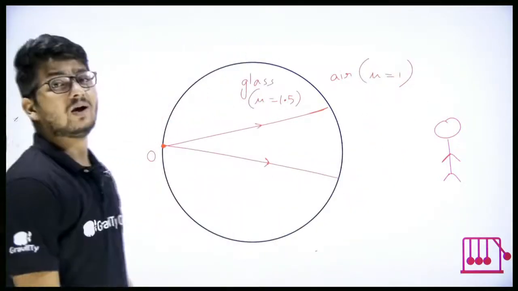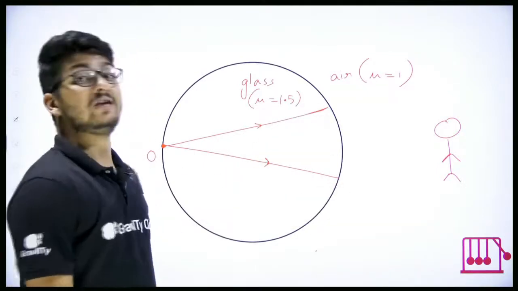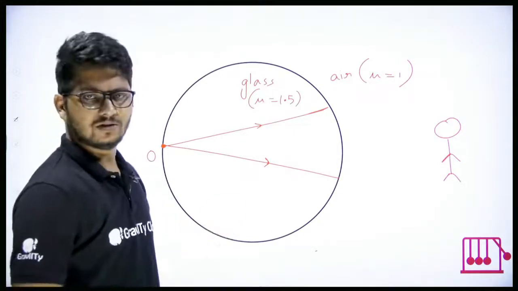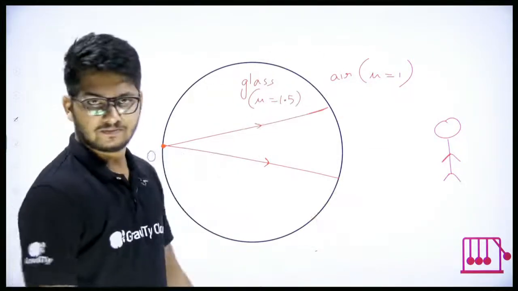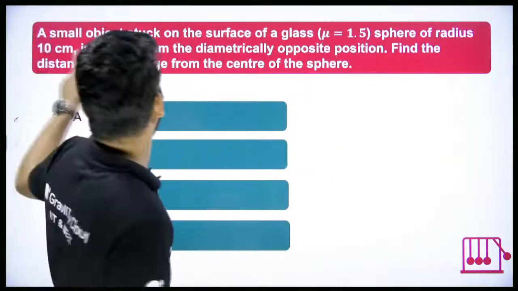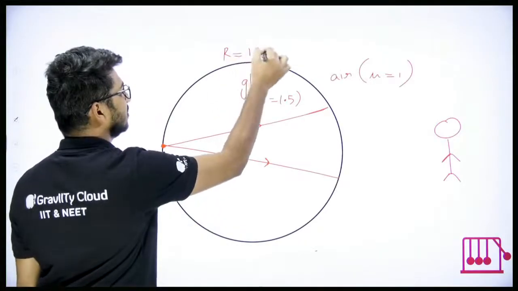Now the question is, what happens at the second surface? Obviously refraction takes place. So you have all the information. You have the refractive index. You can get the object distance from the diagram. And the radius is given as 10 centimeter. I'll also write it down. Radius is given as 10 centimeter.